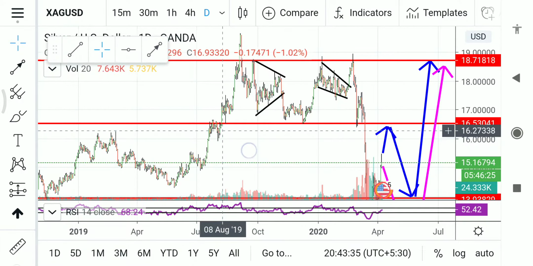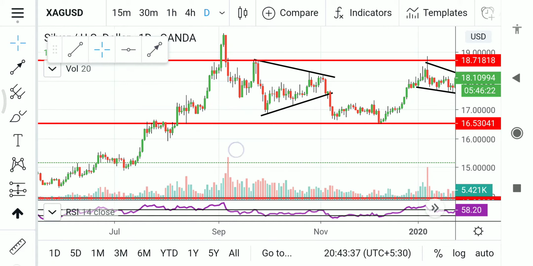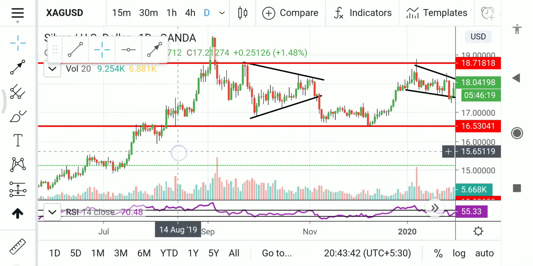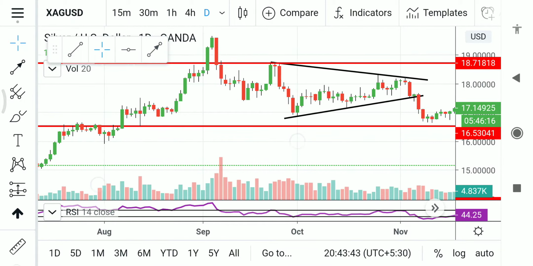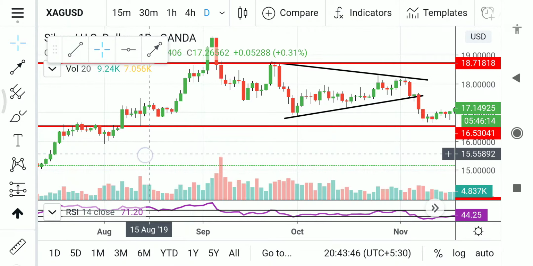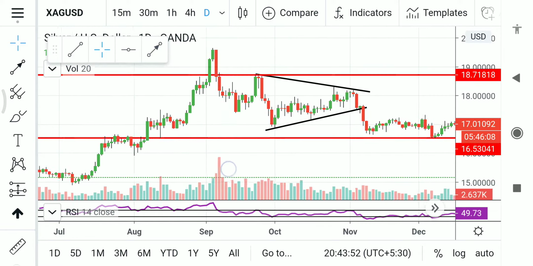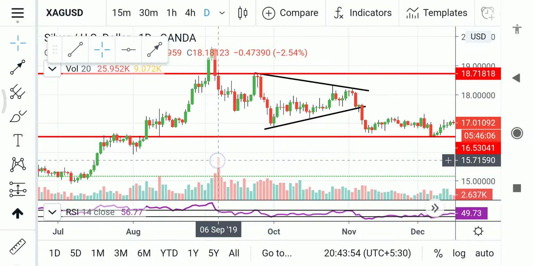After that, it broke with a nice volume, retested again, and then retested on 13th of August, and then it flew away like anything.